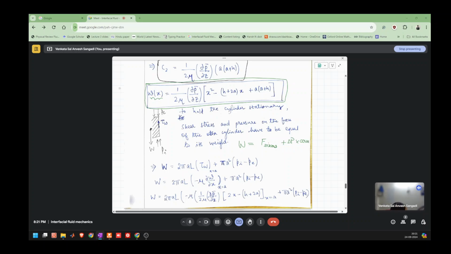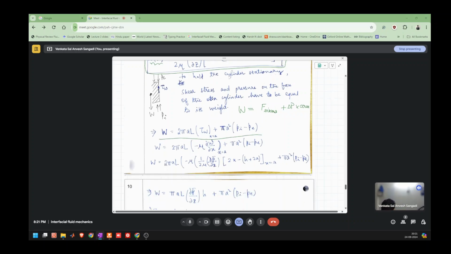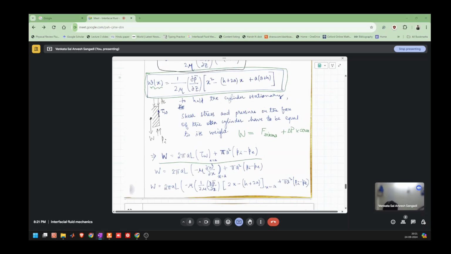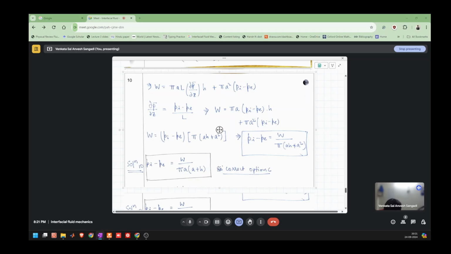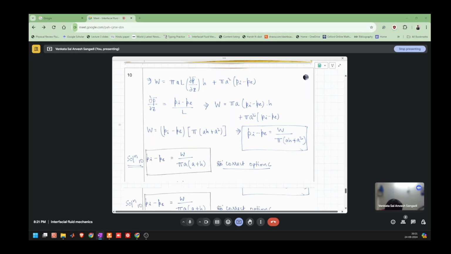Substituting that, we have this equation, and using the velocity w, we get the viscous force. Once we have the viscous force and substitute everything else, we get the pressure difference Pi minus Pe is equal to W by pi A into A plus H, which is this.